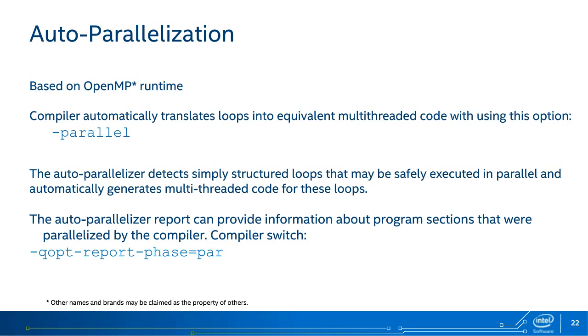So the compiler will go through your code and try to identify the loops which are safe to auto-parallelize, which means, for example, there shouldn't be a data dependency, right? Read-after-write dependency, in comparison with vectorization, is now critical, and these kinds of loops cannot be automatically parallelized.